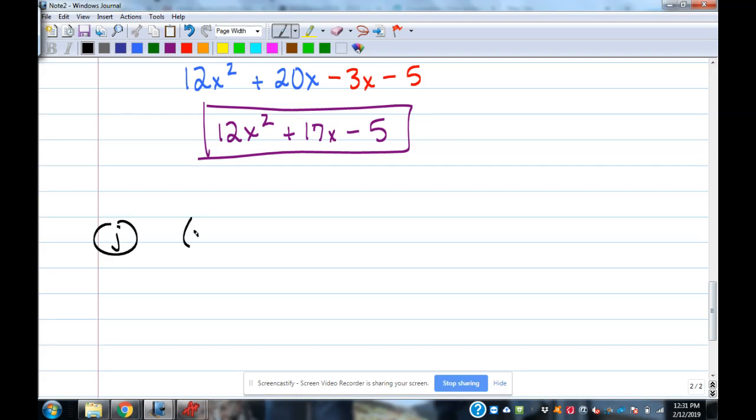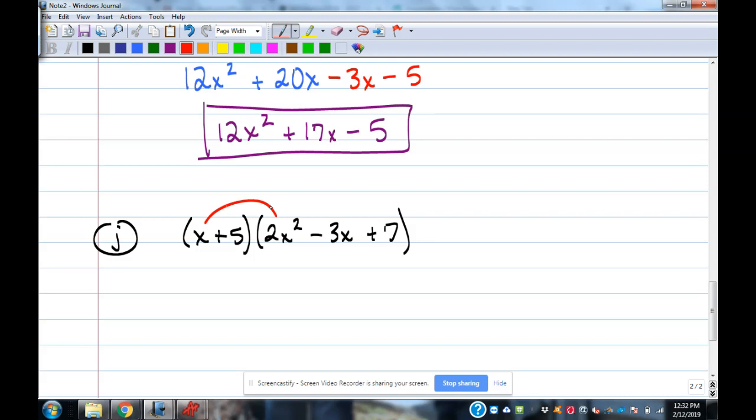Let's say we had something like this, x plus 5 times 2x squared minus 3x plus 7. Okay? So we have a binomial times a trinomial. How many distributive properties am I doing though? Well, technically I'm distributing x and 5, so it's really only 2, but it's 3 things at a time.